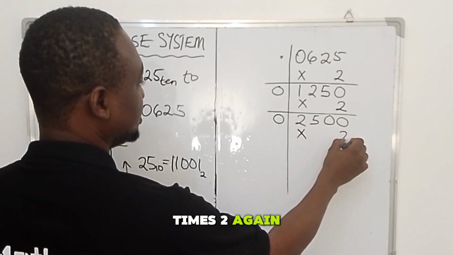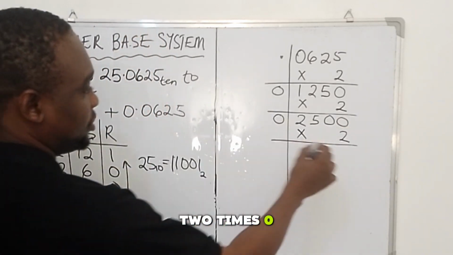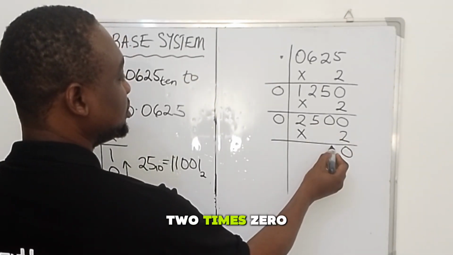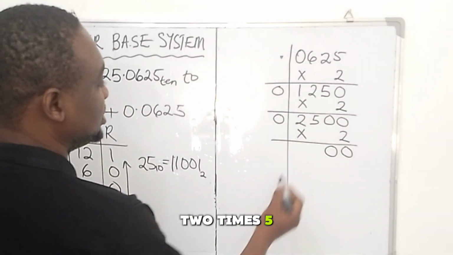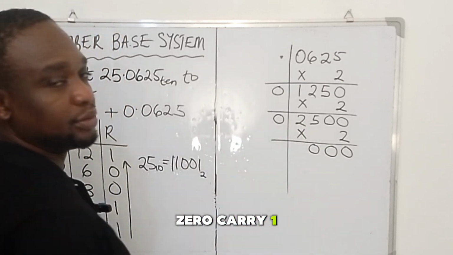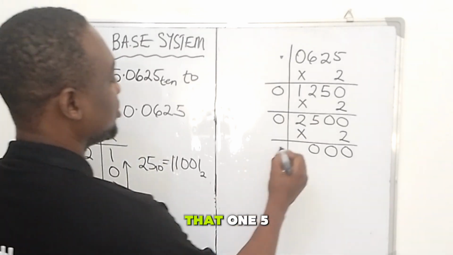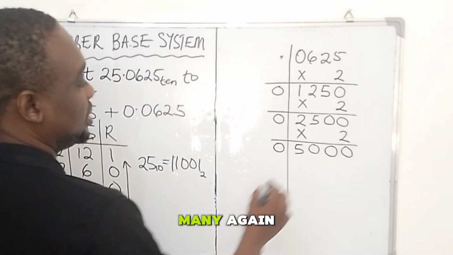Times 2. Again, we keep multiplying till it ends. 2 times 0 is 0. 2 times 0 is another 0. 2 times 5 is a 10, that is a 0, carry 1. 2 times 2 is a 4, plus that 1, 5. Leftovers, 0, nothing is remaining.